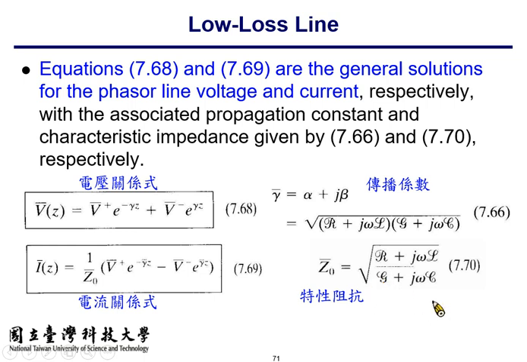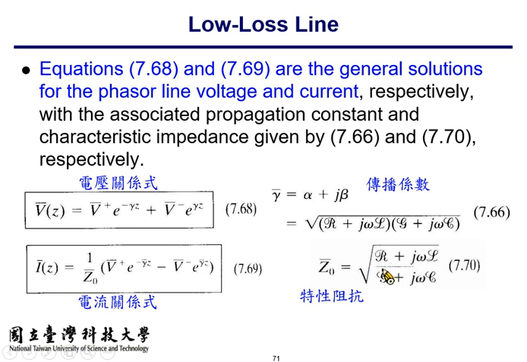If the attenuation of the transmission line is taken into account, the characteristic impedance is not necessarily a real number. As you can see here, according to the R and G values, it can be a complex number.